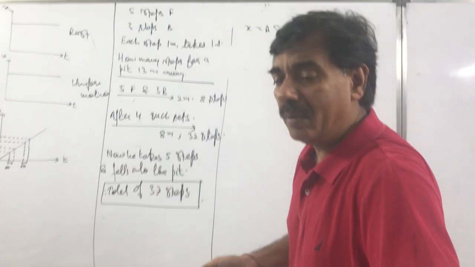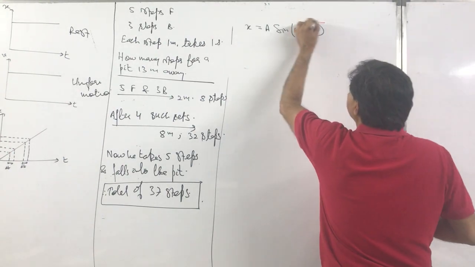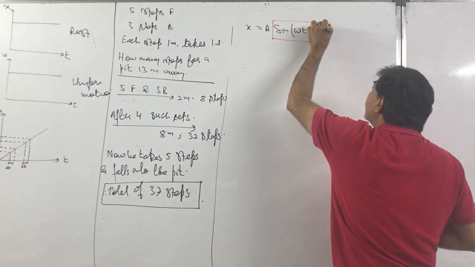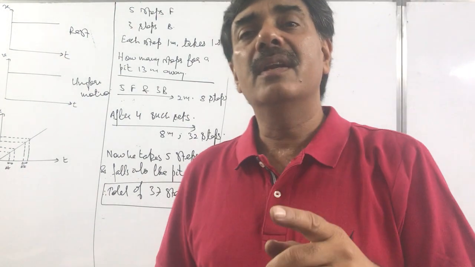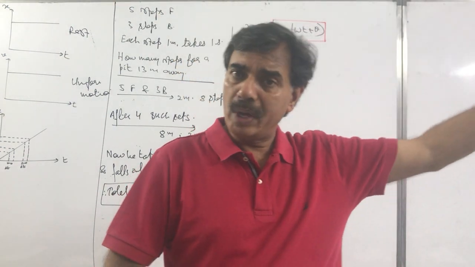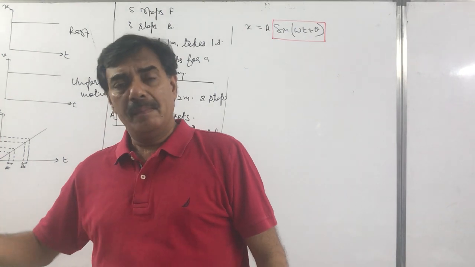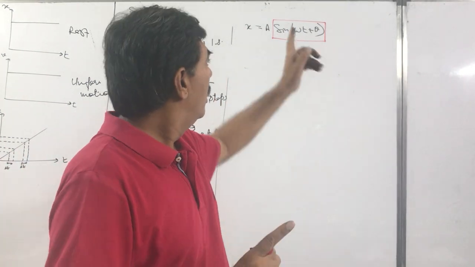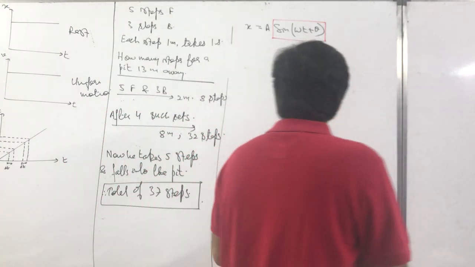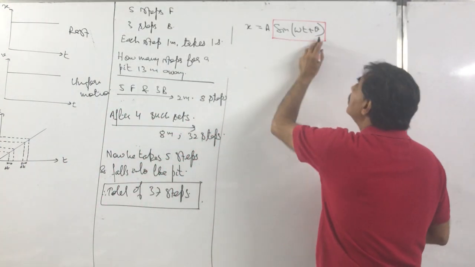Now, this is a sine function. The values of sine can vary from -1 to +1. It means the position is also changing. The maximum value for x will be when this value is equal to 1.